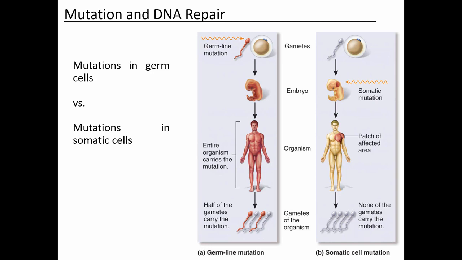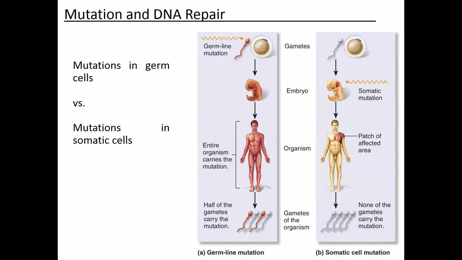Those are gametes, and the gametes carry the DNA that you're going to give to your offspring. Somatic cells are basically every other cell of your body except for germ cells and gametes.